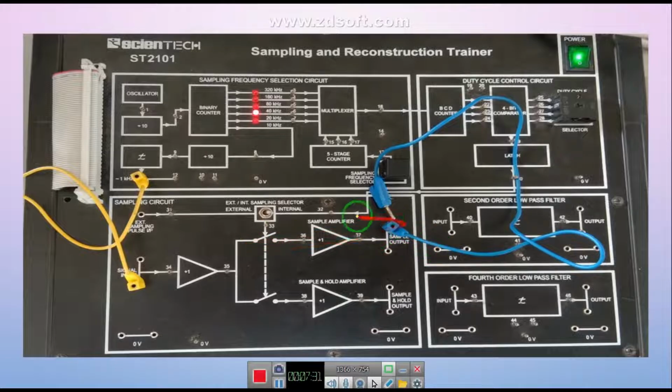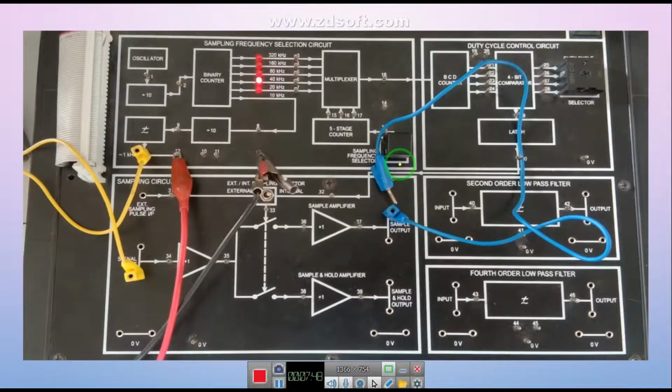Now we have the output of the natural sampler amplifier, and we are going to observe it. You can observe the sampling frequency, which is now 40 kilohertz by selecting this switch.